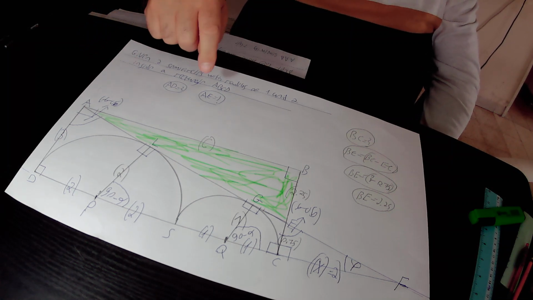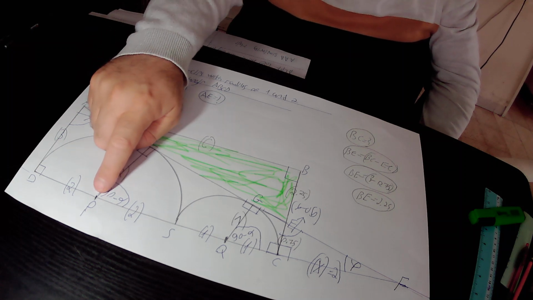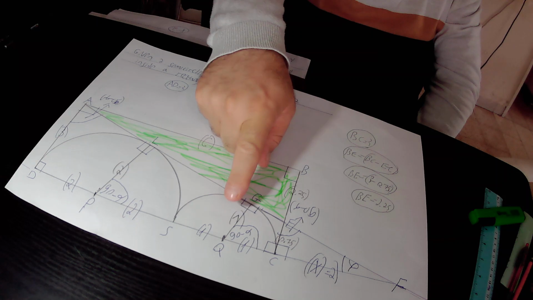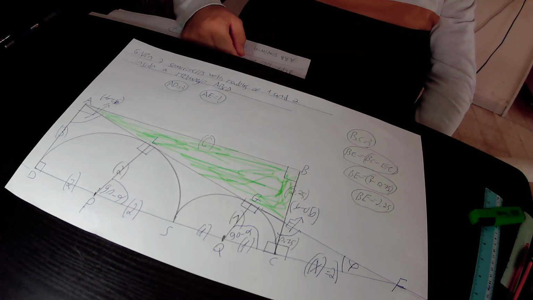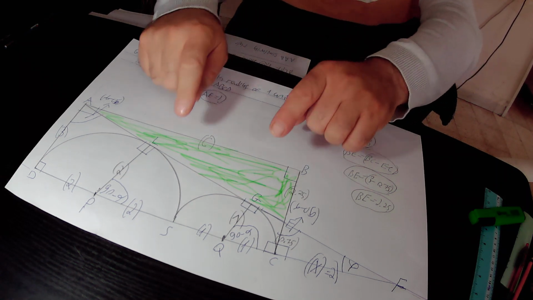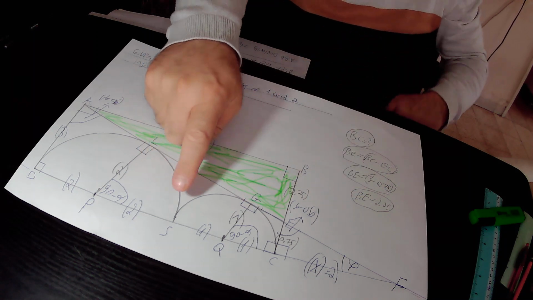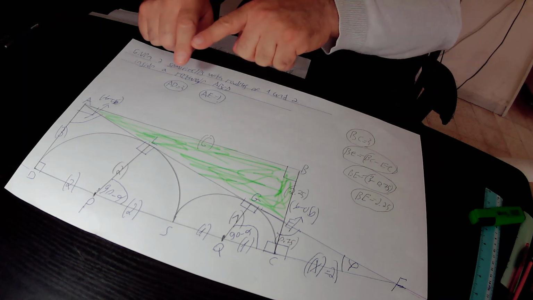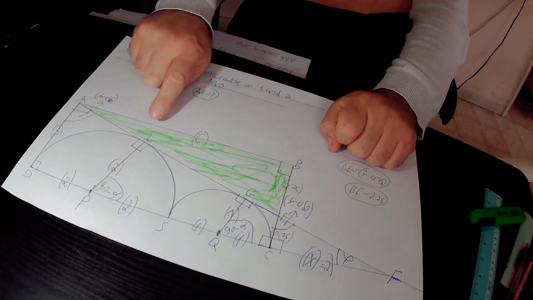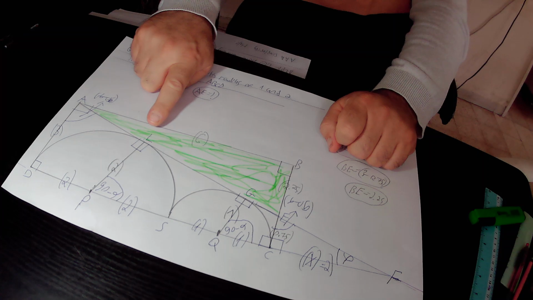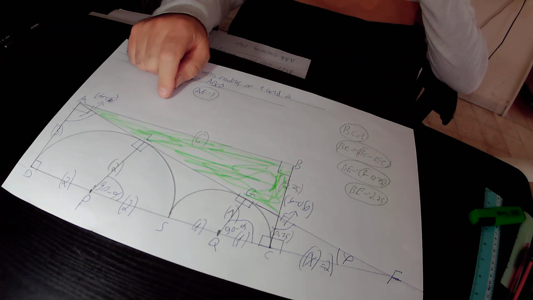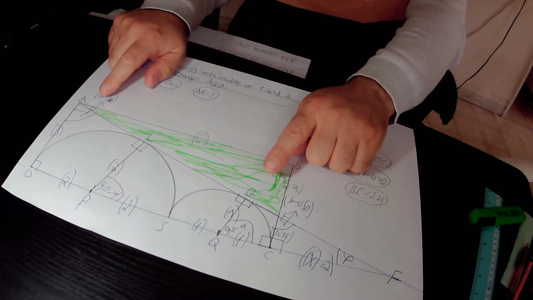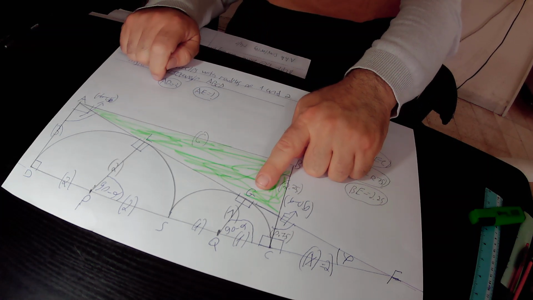The center of this big semicircle is point P. The center of this small semicircle is point Q. The touching point of the two semicircles is point S. The point of tangency of AE with the big semicircle is point L, and the point of tangency of AE with the small semicircle is point G.